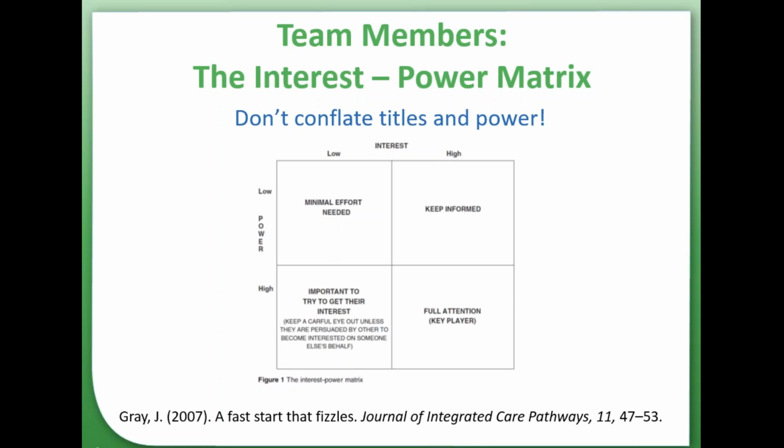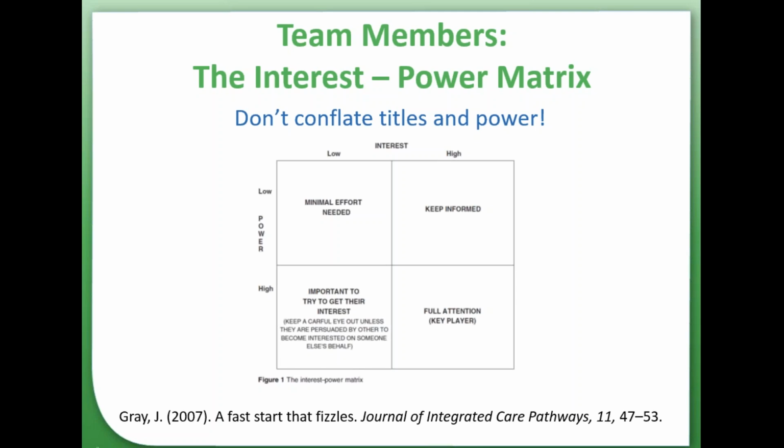Walking through each of these boxes here, taking a look at players with high power but low interest. These are people that should be kept satisfied with regular updates and confirmation of how the initiative will benefit the organization without adversely affecting them. This helps to ensure these players do not become concerned or alarmed and then act against the initiative.